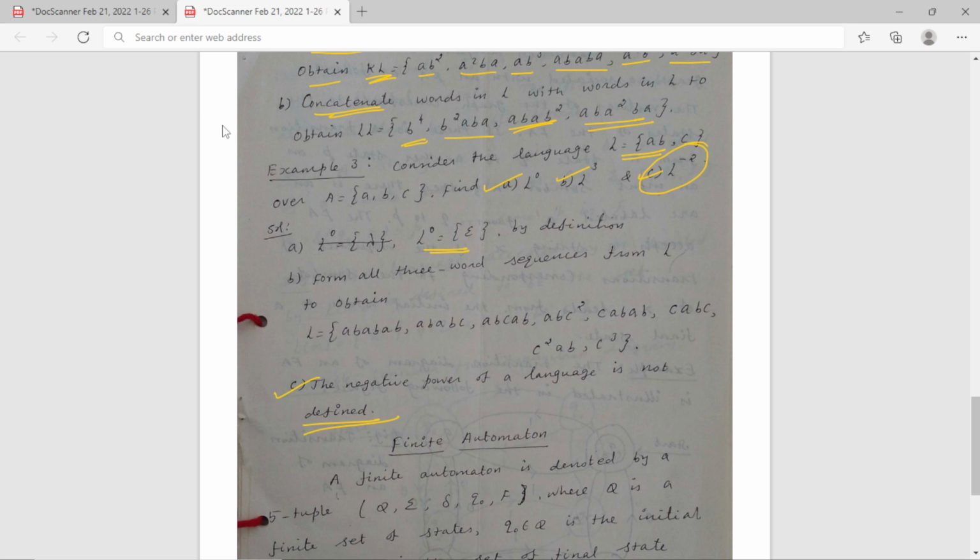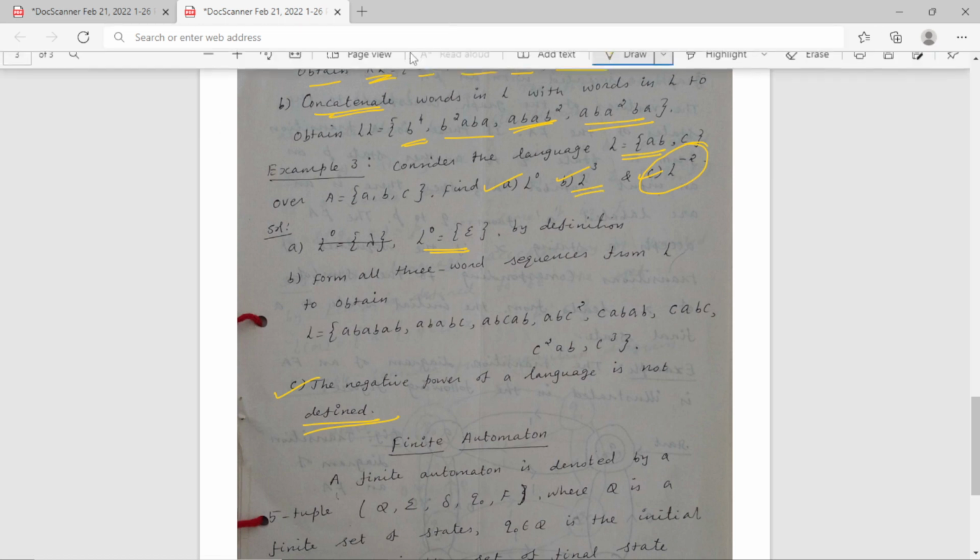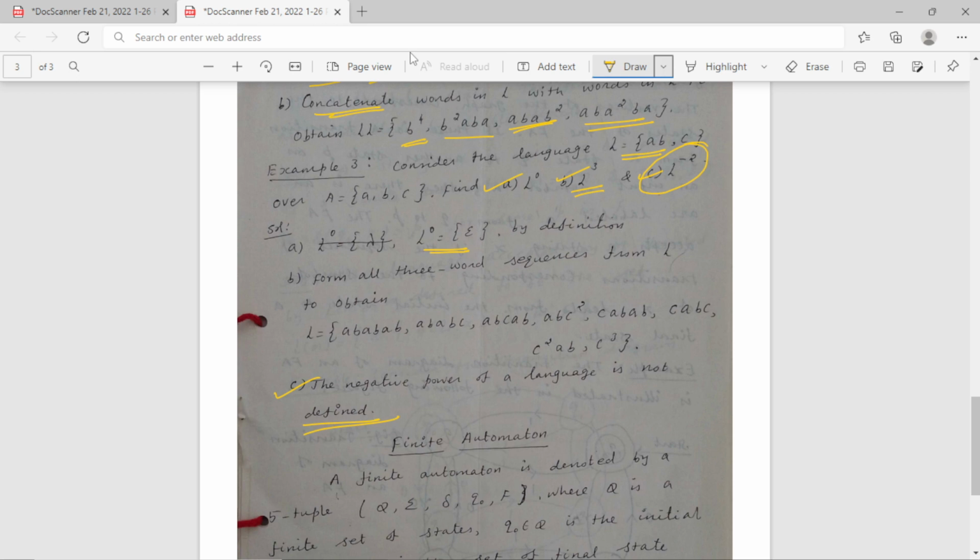Next, coming to the second one, L cube. As I said previously, L cube means you have to concatenate L 3 times. That is, L is equal to {a, b, c}. First you have to concatenate L with L. With that answer you move on to multiply L square with L, which gives you the language like this.